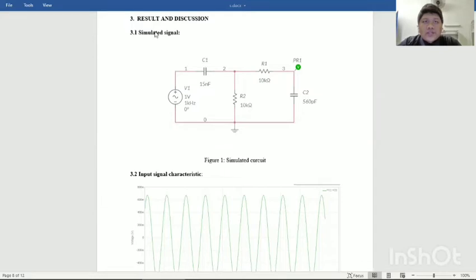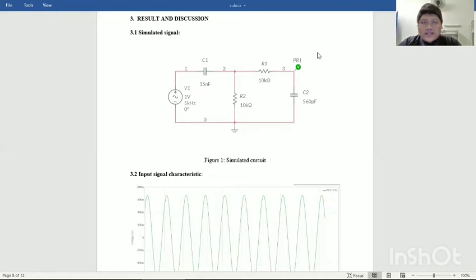For results and discussion, 3.1 simulated signal. The circuit that we use is a passive bandpass filter circuit, where the left side is the high pass filter stage and the right side is the low pass filter stage. At the left side, we use 1 volt and 1 kilohertz of voltage, 15 nanofarad of capacitance and 10 kilo ohms of resistance.